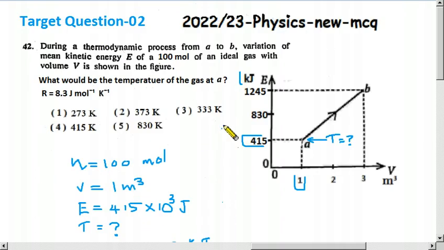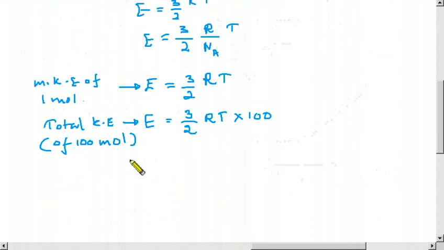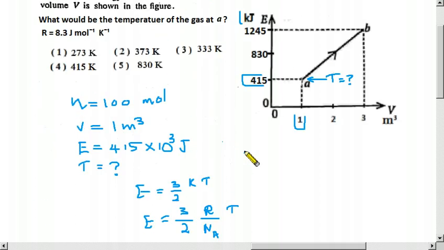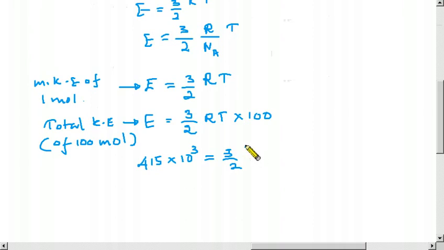So it is equal to 415 here. What is this 415? Kinetic energy for this 100 mole. So we can substitute it here. 415, it is in kilojoule, therefore we have to multiply it by 10 power 3. 3 divided by 2 R. R is given as 8.3, times T times 100.